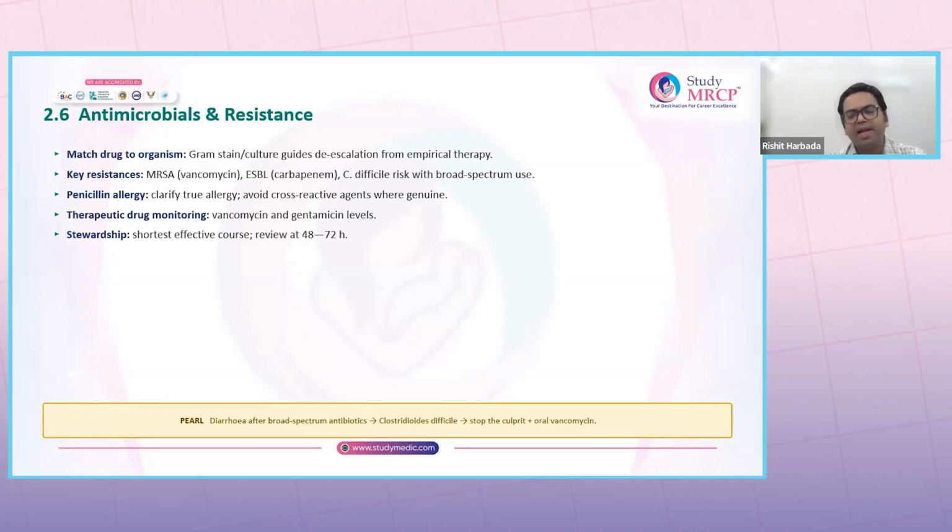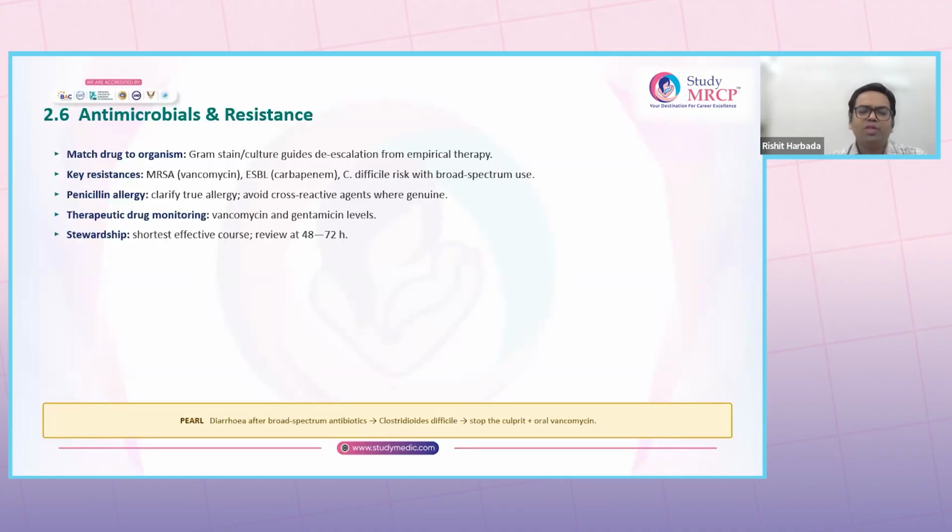You start empirical antibiotics, you obtain the culture, and then you de-escalate based upon the gram staining and culture guides. That is very, very important. So never continue broad spectrum antibiotics once we have got the culture result.